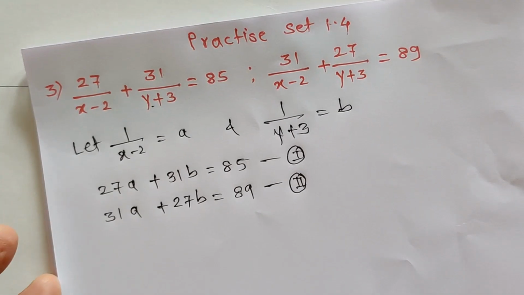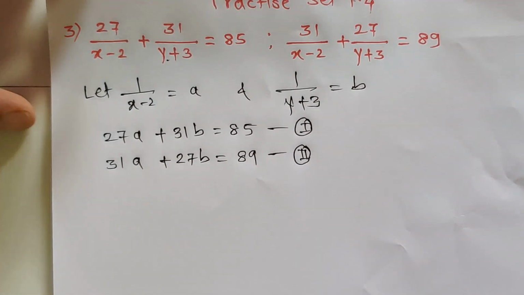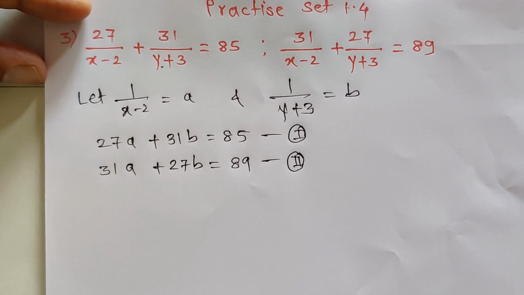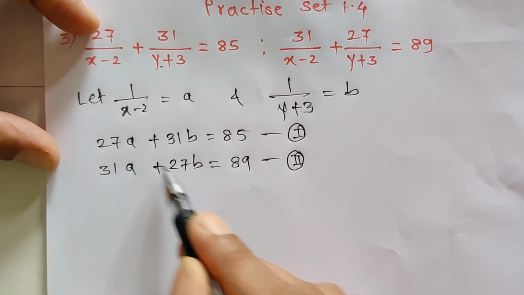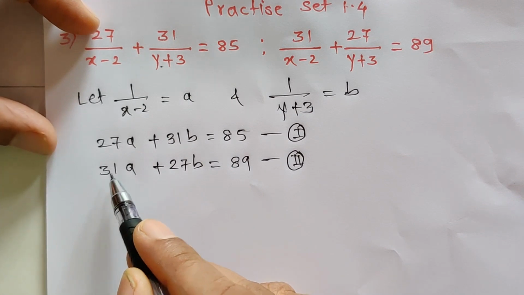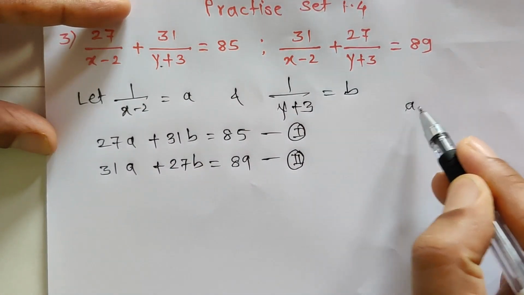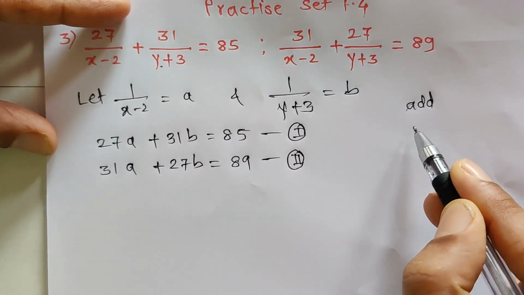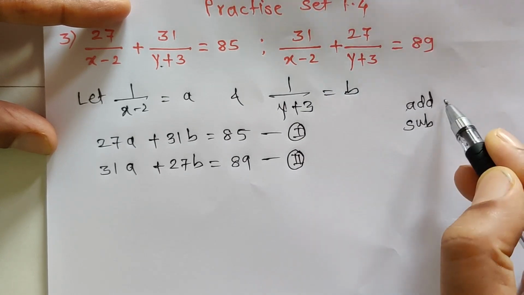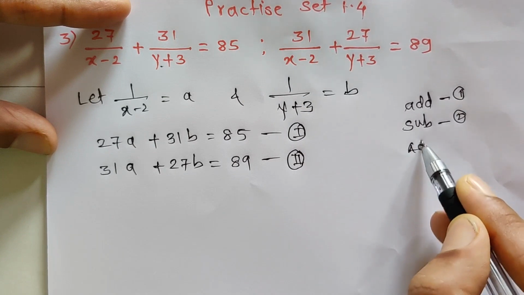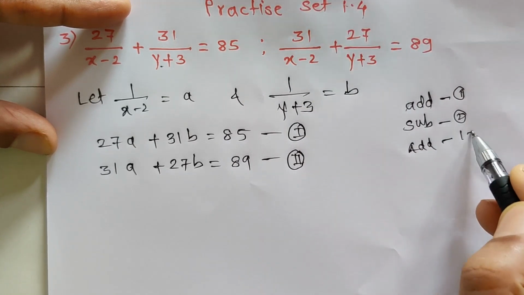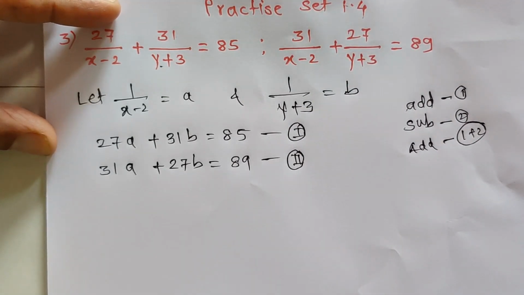Now you know, by our exercise practice number 1.1, whenever the coefficients of a and b are interchanged, what do we have to do? Add first, then subtract. We get one equation, then a second equation. Now add both these equations, 1 plus 2. This is the method we have to use here.